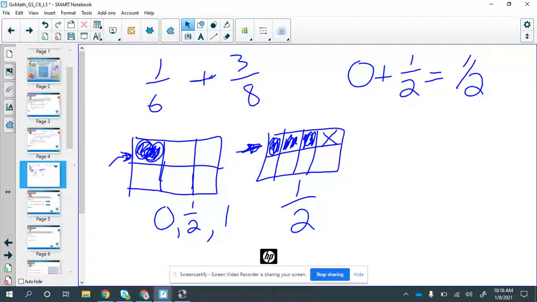Hopefully, as you do a bunch of these, you'll start to notice that you can also just think about it in terms of what is half of my denominator, right? Half of 8 is 4, which is why we end up with 4 boxes across the top. Half of 6 is 3, which is why we have 3 boxes across the top on this model. And so once I identify what's half of 8, then I can compare my numerator to that half.